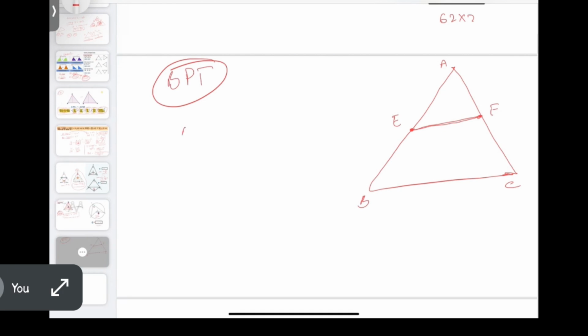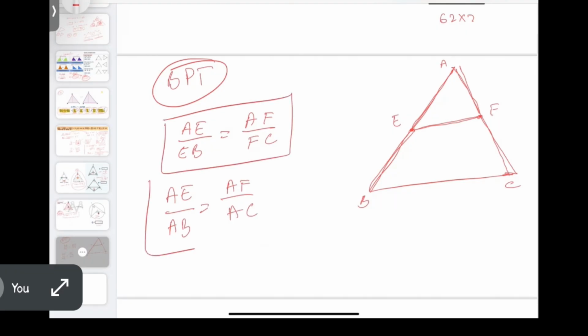Side ratio means AE divided by EB is equal to AF divided by FC. That means this half divided by this half is equal to this half divided by this half. Or it can be this way: AE divided by AB is equal to AF divided by AC.